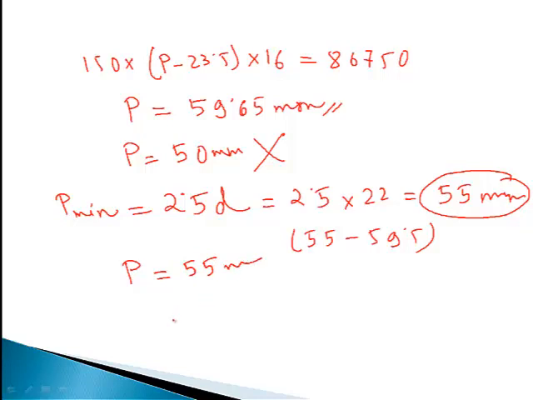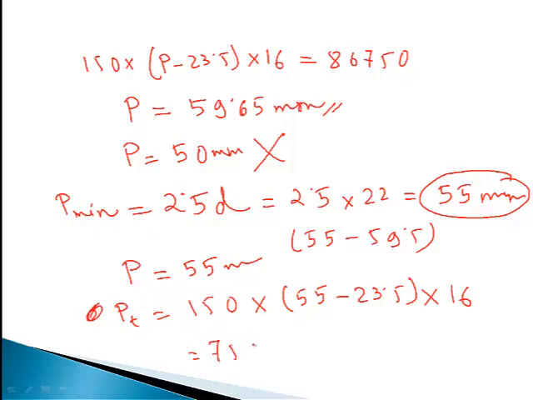Okay, and then the sigma PT value will be 150 into (55 minus 23.5) into 16. If we do this, you will get around 75600 Newton.